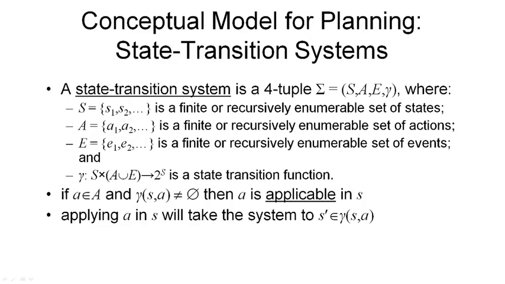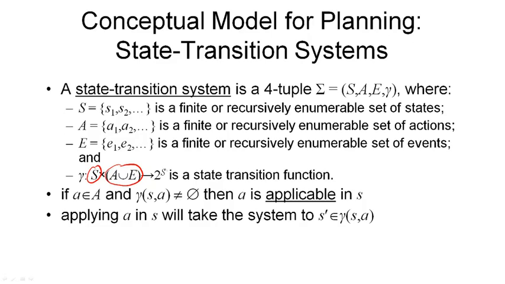The fourth and most complex component of a state transition system is the state transition function gamma. Gamma takes two things. It takes a state of the world as input, and it takes an action or event. So this second component is the union of all the actions and events, and one of those is the second argument to the state transition function.